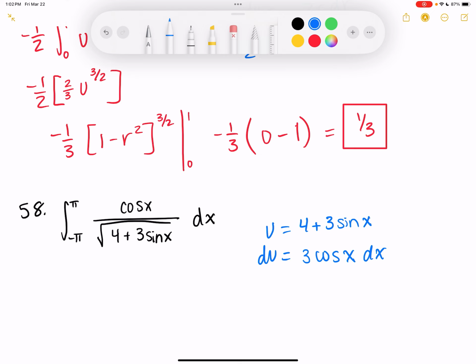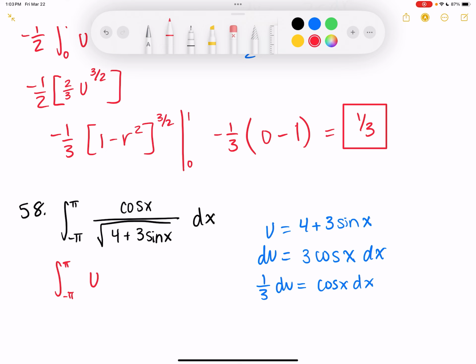Gotta divide. Yeah, the goal is then to get the stuff that's on top, because then that's going to be gone as my du value. So 1/3 du is cosine x dx. So I've got the integral from negative pi to pi of, and I'm probably going to go ahead and write this square root as u to the negative 1/2 because it's on the bottom, and that way, less writing.